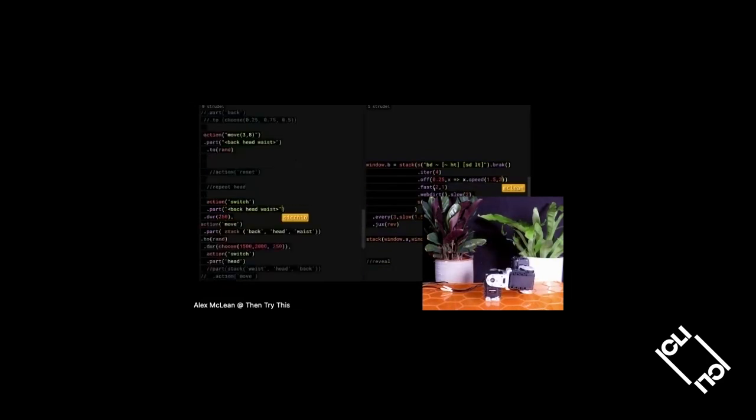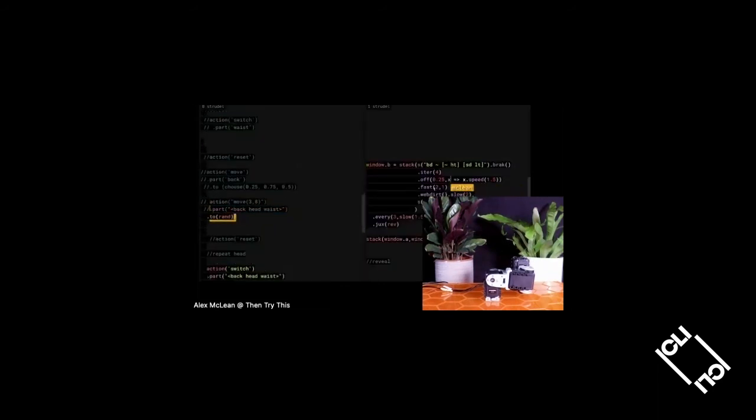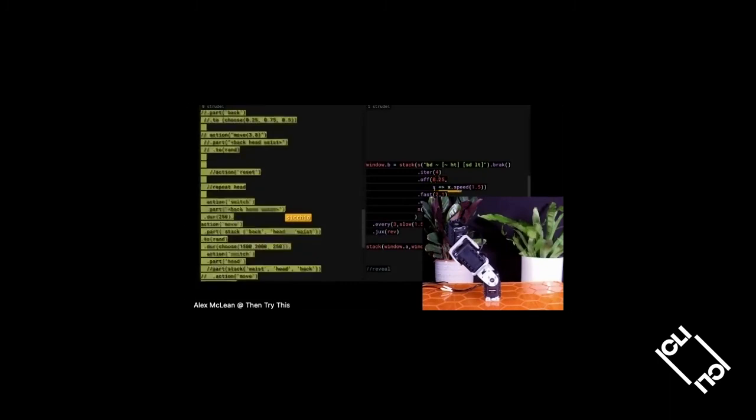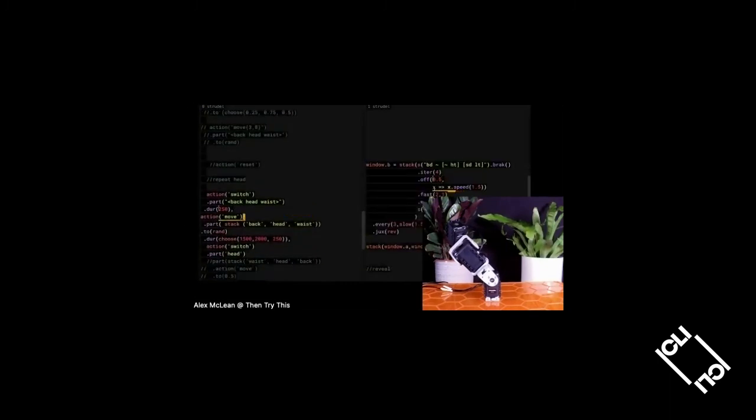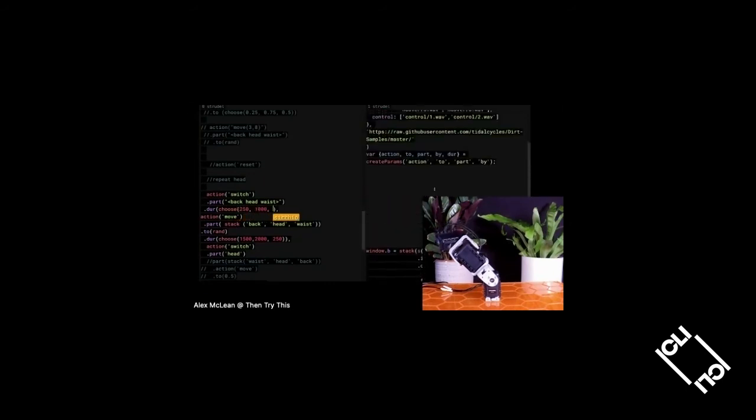Switch your head. Switch your waist over 0.25 seconds. Move your waist to 71% over 0.25 seconds. Switch your head. Switch your back over 0.25 seconds.